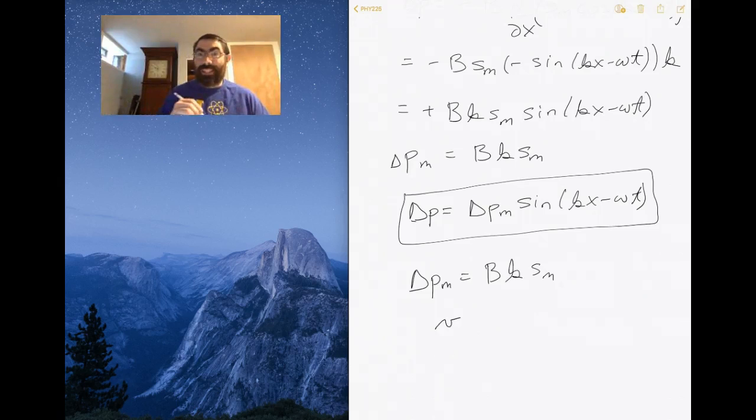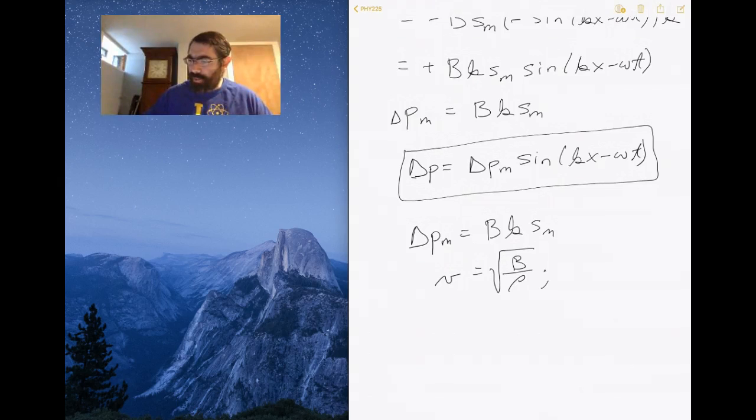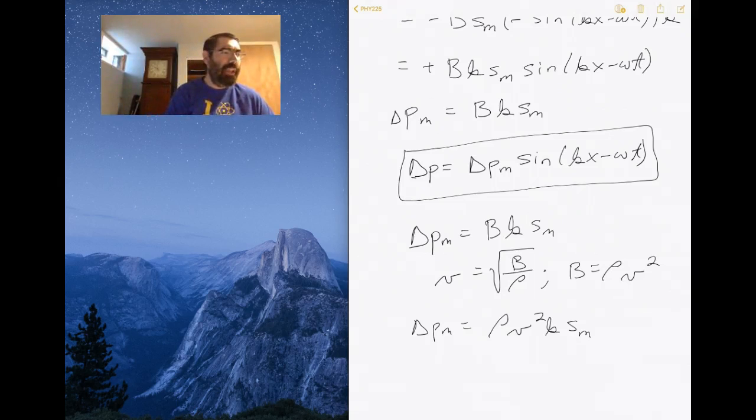The wave speed is the square root of the bulk modulus over the density. So that means that B is the density times the speed squared. So I could put that in, and I get the density, the speed squared, the wave number times the maximum amplitude.